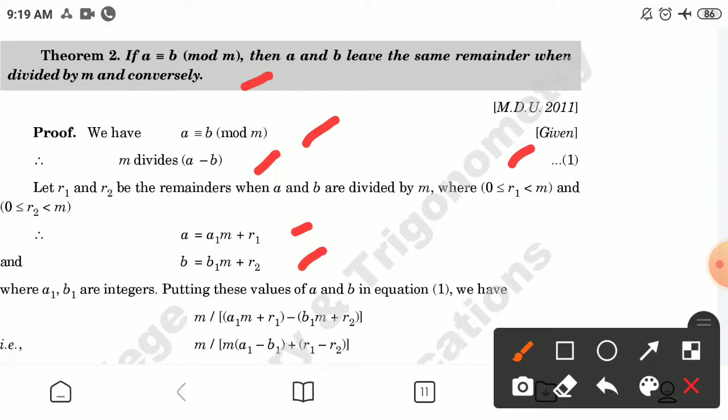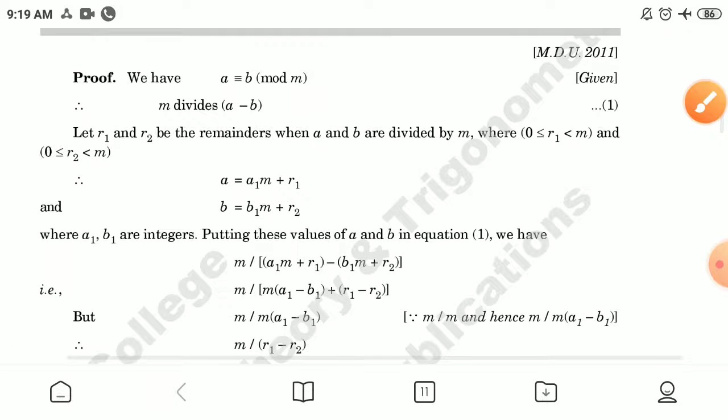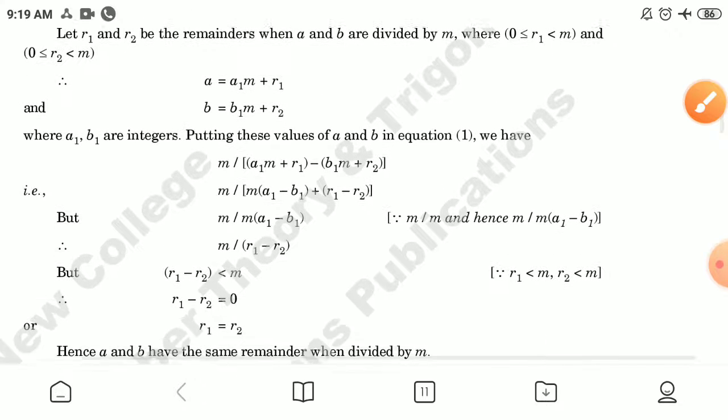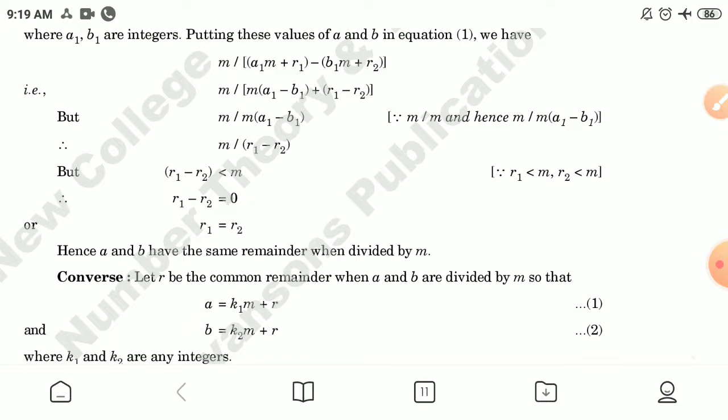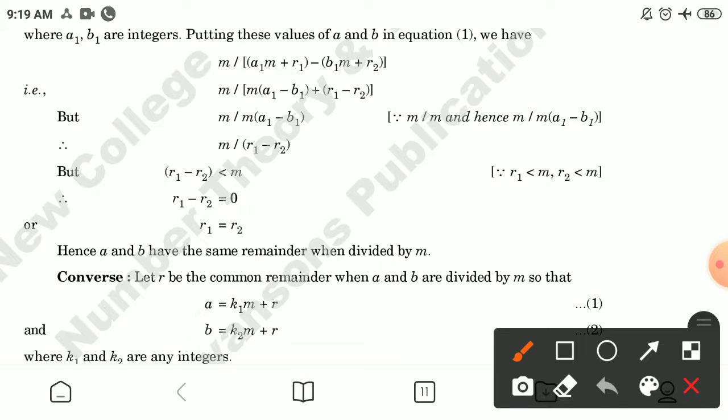Putting these values of a and b in equation 1, we have m divides a1m plus r1 minus b1m plus r2. That is, m divides m times a1 minus b1 plus r1 minus r2. But m divides m times a1 minus b1, since m divides m.